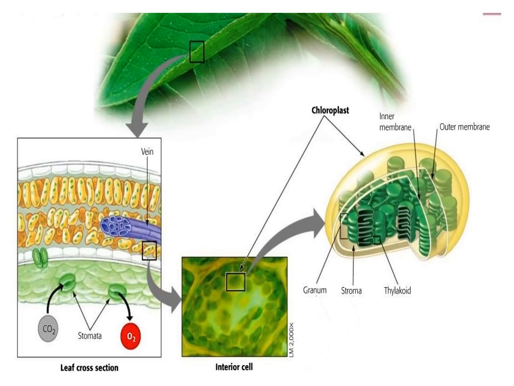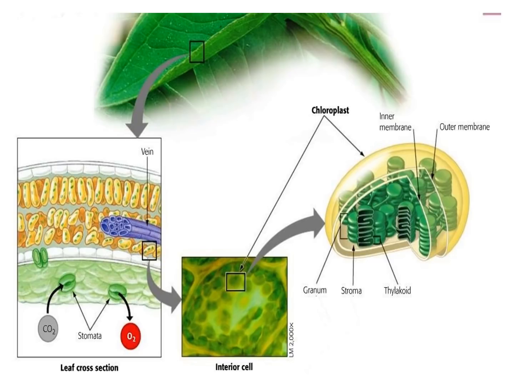On the bottom left, the diagram shows the leaf cross section and where the stomata are located. The stomata function in photosynthesis: they open for absorbing carbon dioxide and they open to expel the oxygen.